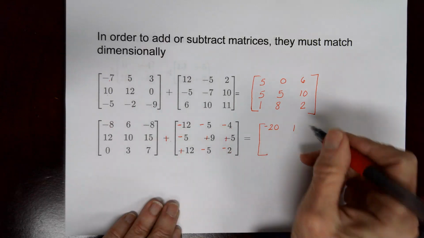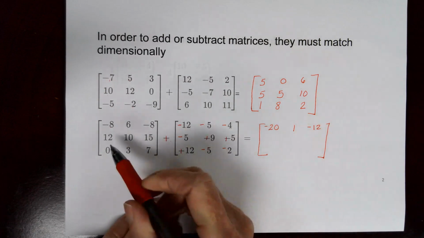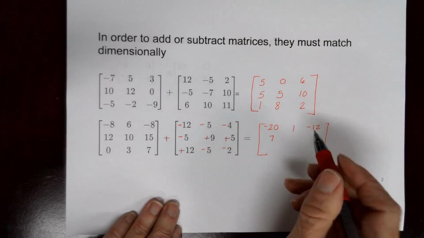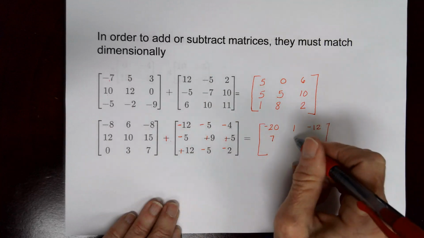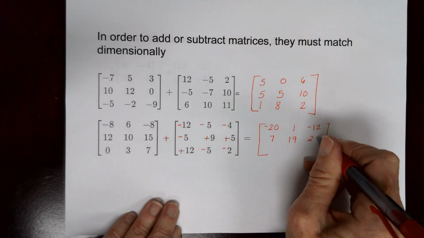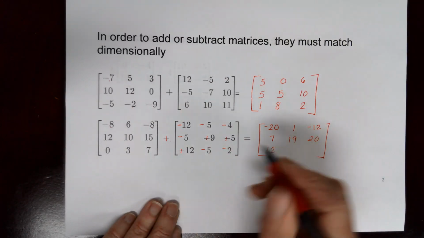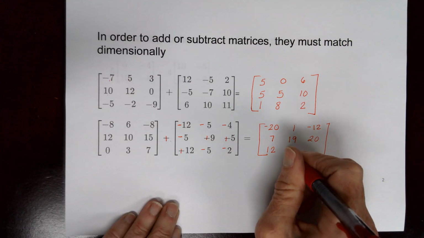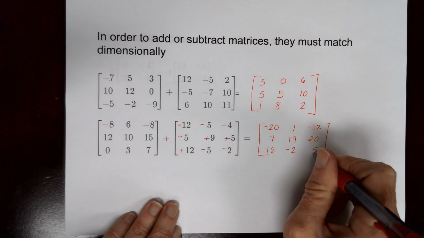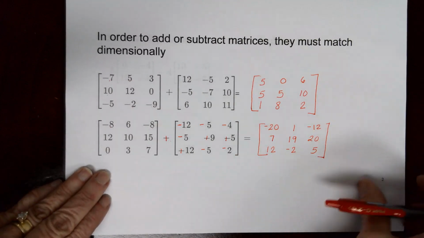Negative 8 plus negative 4 is negative 12. 12 plus a negative 5 is a positive 7. 10 plus a 9 is 19. 15 plus a positive 5 is 20. 0 plus 12 is 12. 3 plus negative 5 is negative 2. 7 plus negative 2 is positive 5. So that's the matrix that you get when you subtract those two matrices.